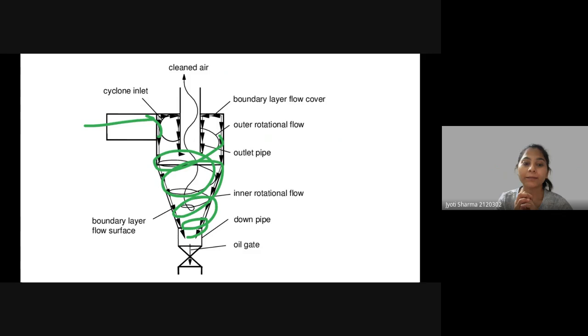So centrifugal force is making the particle collide with the wall. This is based on centrifugal force and the tangent. Every time it is going tangentially, and that's how it increases the chances of striking the wall.